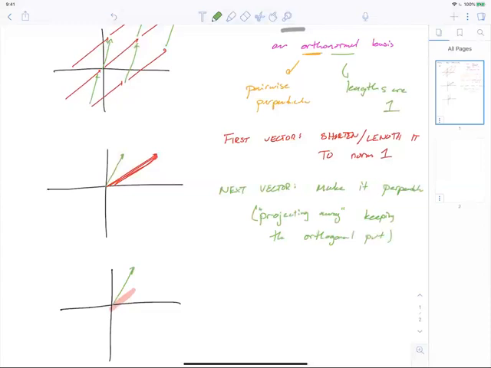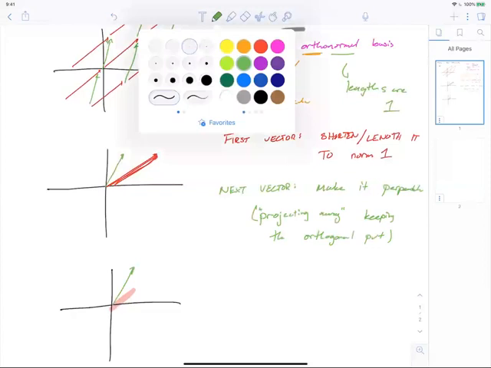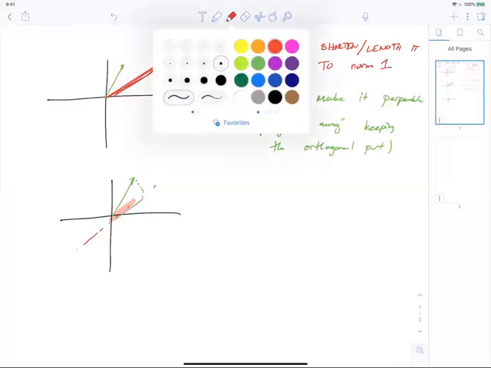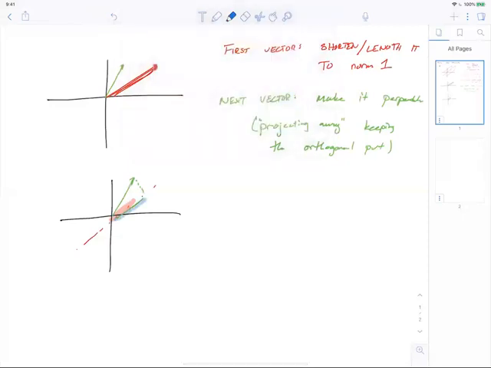The first step you're going to do for every vector is throw away the shadow onto the previous vector. So for example, this green vector right here, if we project it onto the line generated by that first vector, then we have this projection right here. We're going to toss that away.